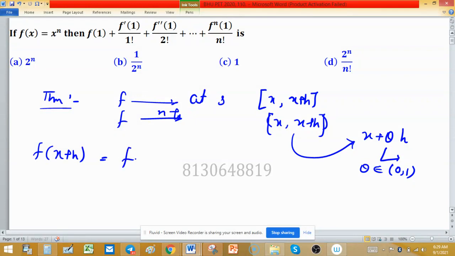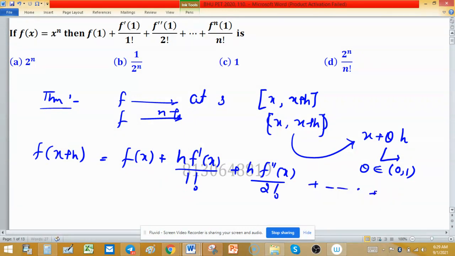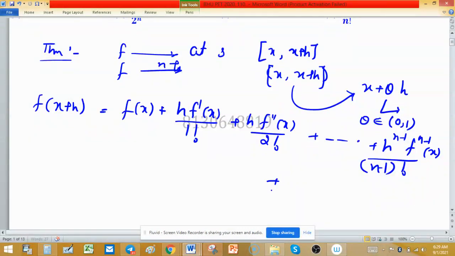So f(x+h) = f(x) + h f'(x)/1! + h² f''(x)/2!, and so on up to h^(n-1) f^(n-1)(x)/(n-1)!, and the last term will be h^n f^(n)(x+θh)/n!.